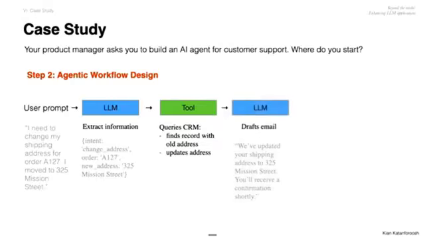After that, you probably need an LLM again to draft the email, but you would paste the confirmation that your address has been updated from X to Y, and then the LLM will draft an answer. And of course, you might need a tool to send the email, to post something for the email to go out. And then you'll get the output.